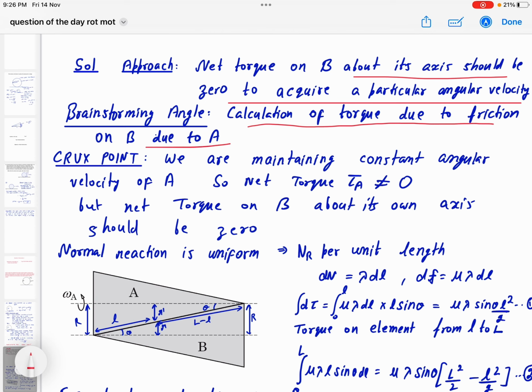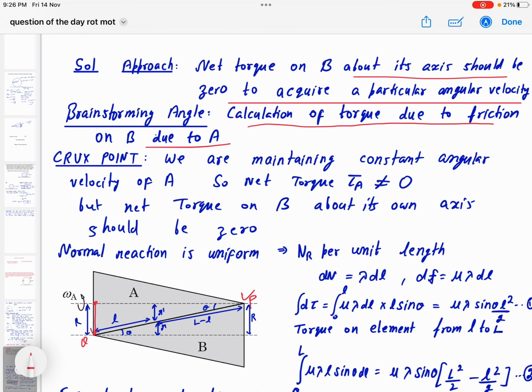See, here this axis is fixed. As we move away from this axis, the more the distance, the more the velocity. Say this point is P. Near point P, the velocity of the surface points of the cone is less, and near point Q, the velocity of surface points of A is more, and the opposite is the case for cone B. So there must be relative motion between the two surfaces.